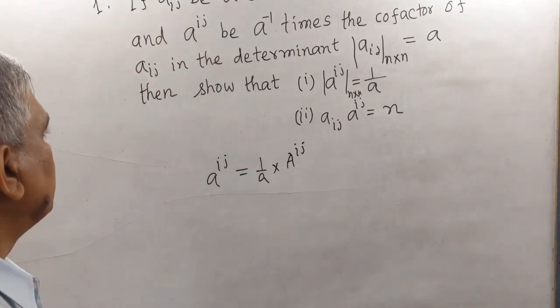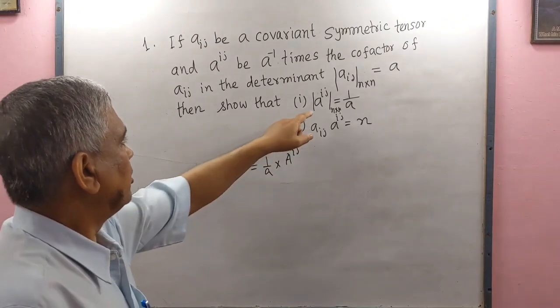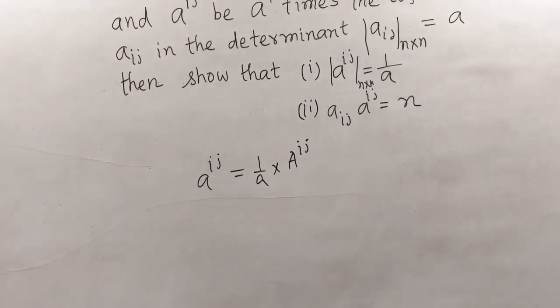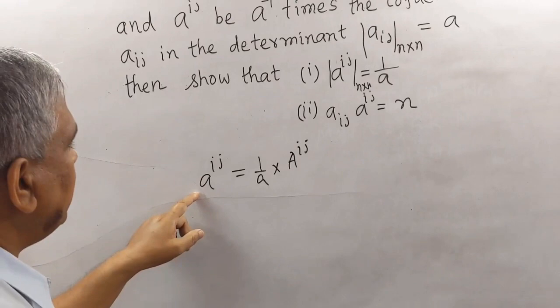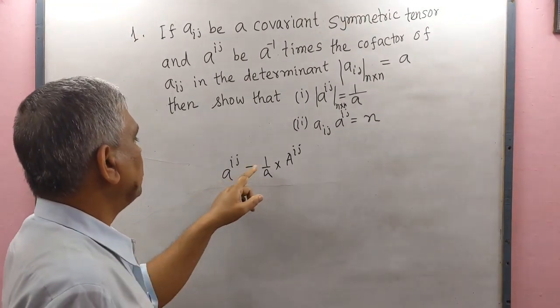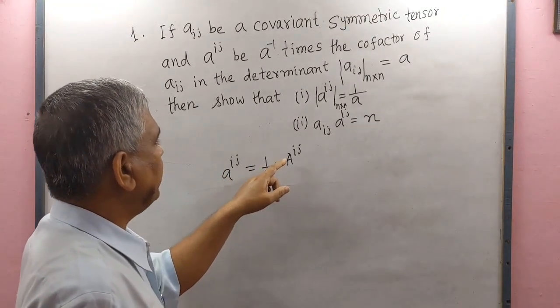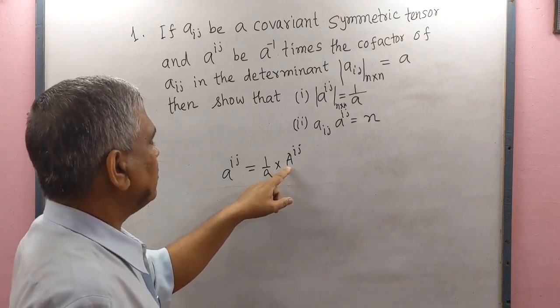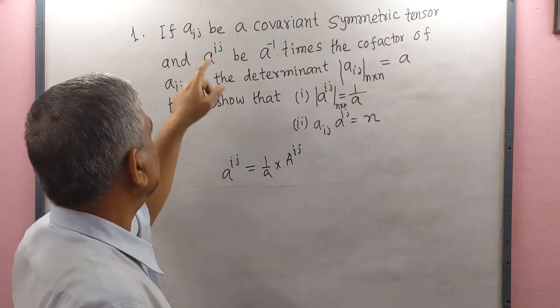Now we shall prove number 1, as A^ij equals 1 by a multiplied by capital A_ij, that is the cofactor of small a_ij.